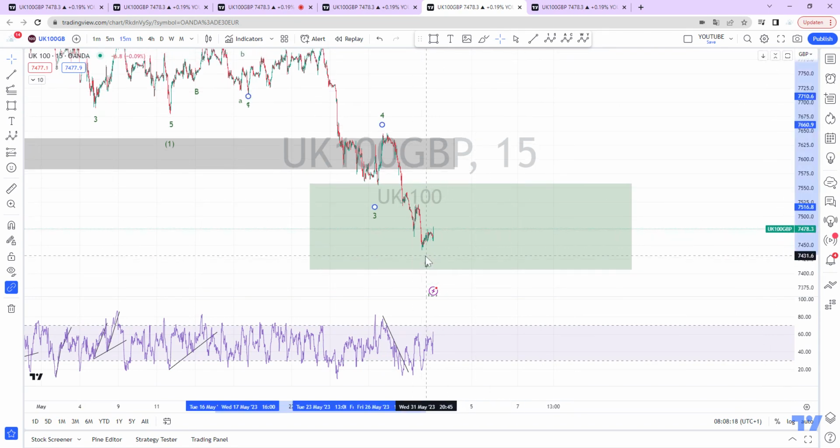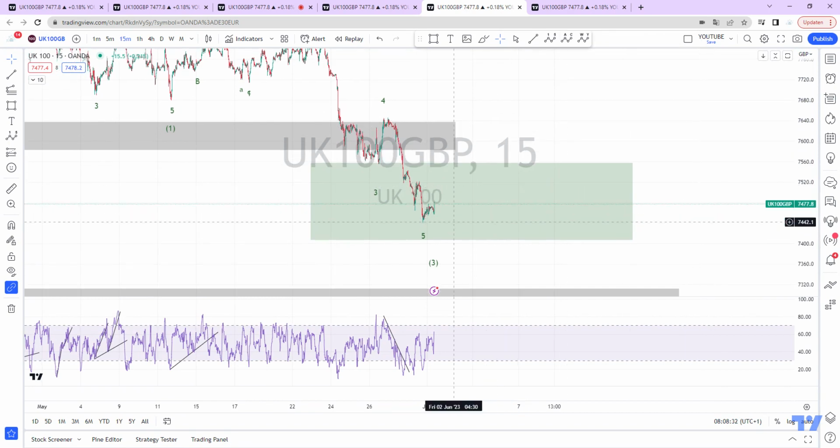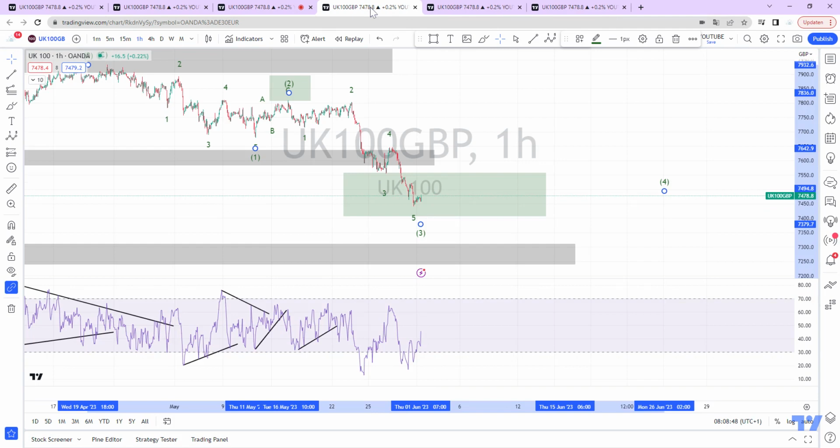So it might be that the low is in here. Could be that we do not break this low anymore, and that we start to move up from here. But I like to trade at the extreme. So what I will do is I wait for one more low.